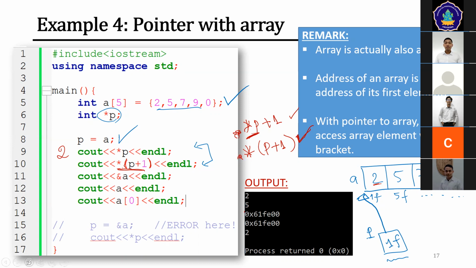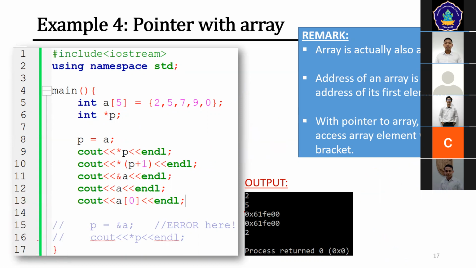Okay, and we can also access the address here, a here. So in C++, it allows us to write both the variable itself and also the symbol & in order to access the address of this array. Okay, it's actually the first element's address.